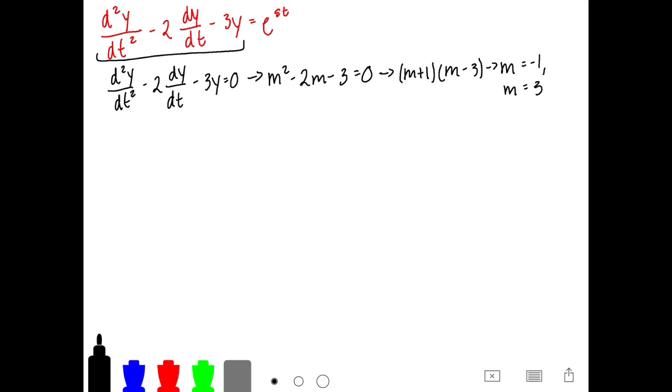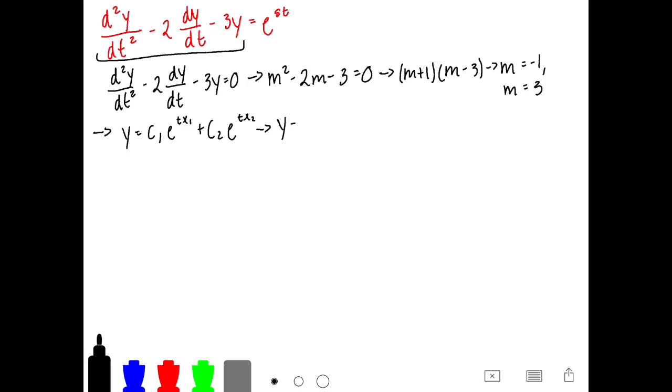So then that will apply to this equation: y equals c1 times e to the t times x1 plus c2 times e to the t x2.